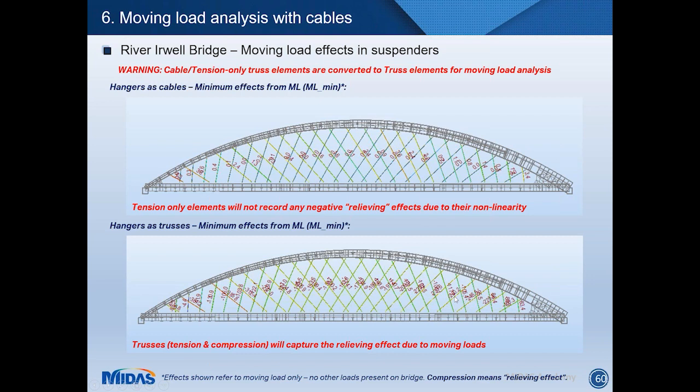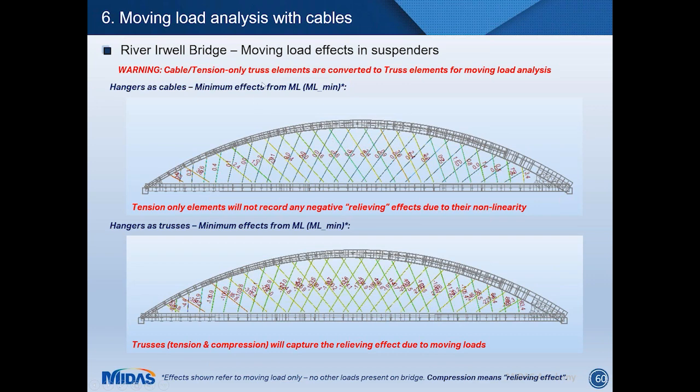Now, cables are tension-only elements. They don't take compression, they will sag. And effectively, this may seem wrong, but we need to consider that we're looking at just the moving load here. The cable in reality will have a component of permanent load. Therefore, these compressions are to be seen as a relieving effect of the permanent tension in the cable, okay? Anyway, if you run this, you have 0.